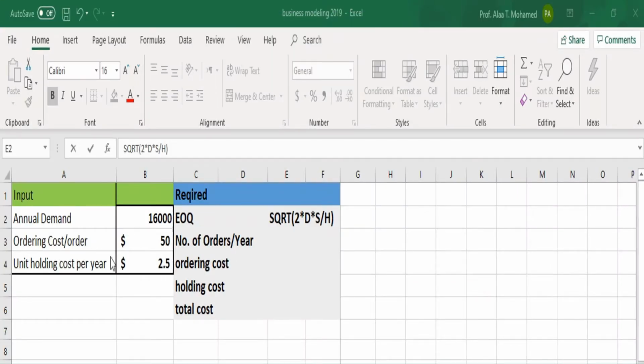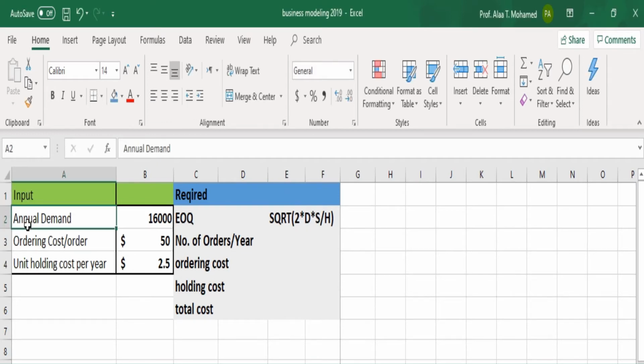Now we have Excel sheet, and then we start to calculate the economic order quantity. These are inputs: annual demand, ordering cost, holding cost. Annual demand 16,000 units, 50 ordering cost, and 2.5 the holding cost per year, all by dollar.